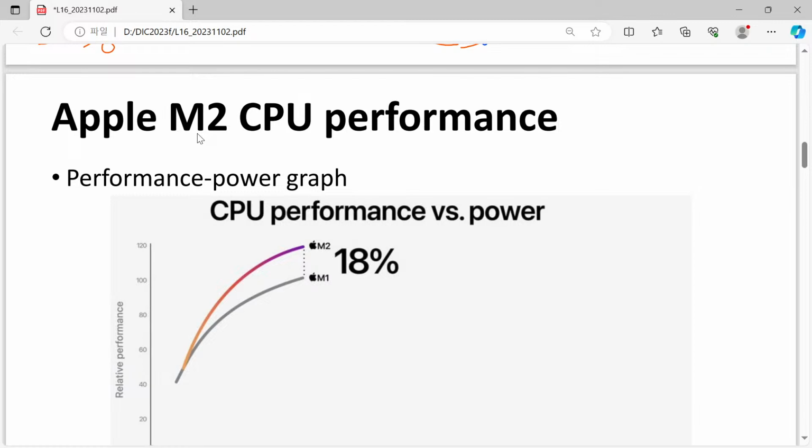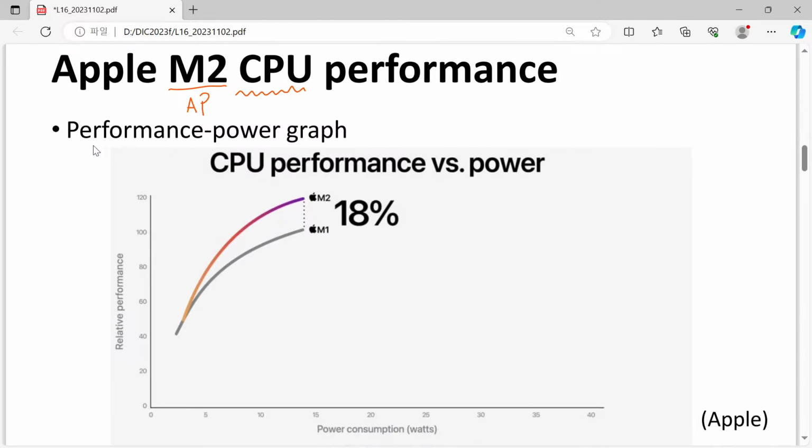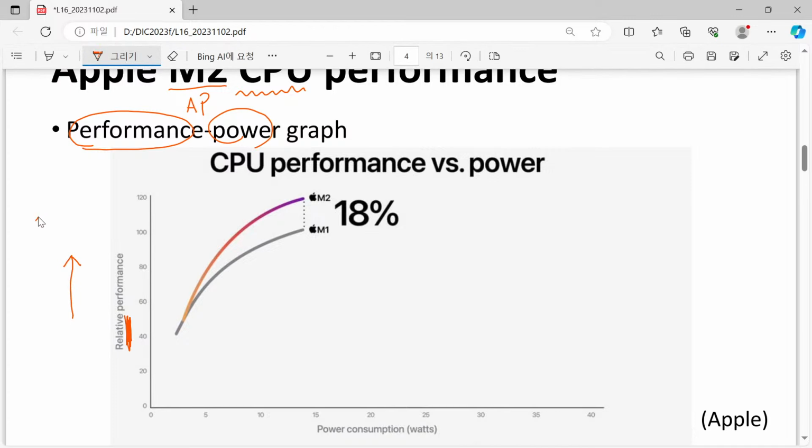So Apple M2, actually it is the entire chip, so-called application processor. So it contains the CPU, GPU, and many other components in it. But now we concentrate on its CPU performance. And now we can draw certain graphs like performance versus power graphs. So although that is normalized, so shown here as a relative way, but this axis is really performance.